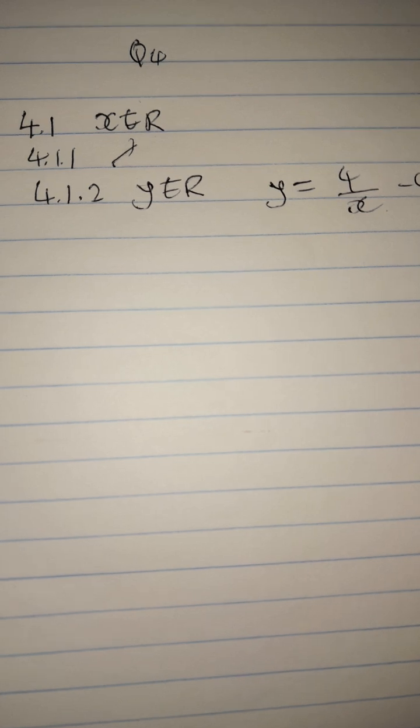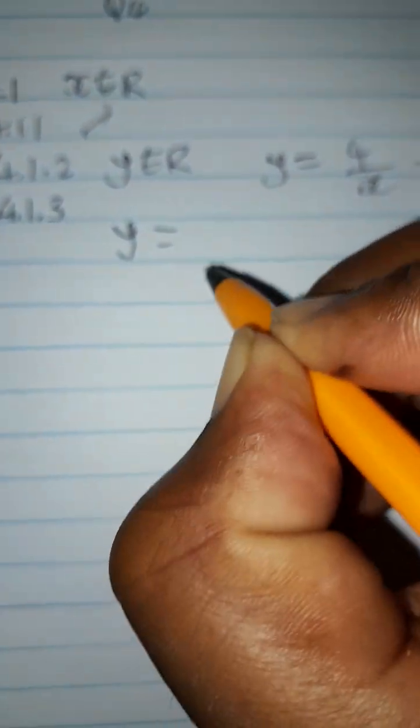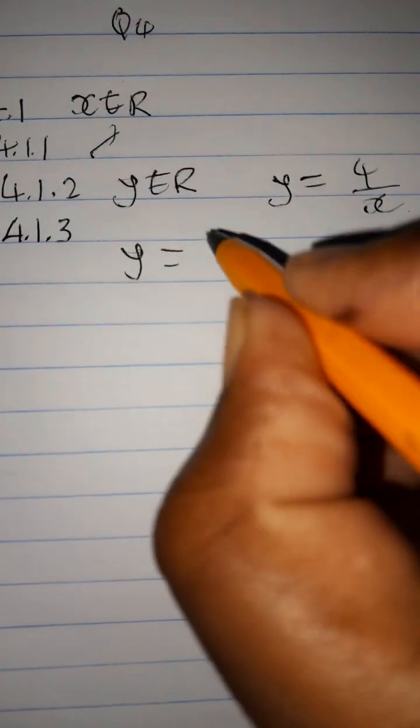Then at 4.1.3, they want us to determine the equation of the asymptote of f. Remember, at f you are given y, or f of x; we replace f of x by y.